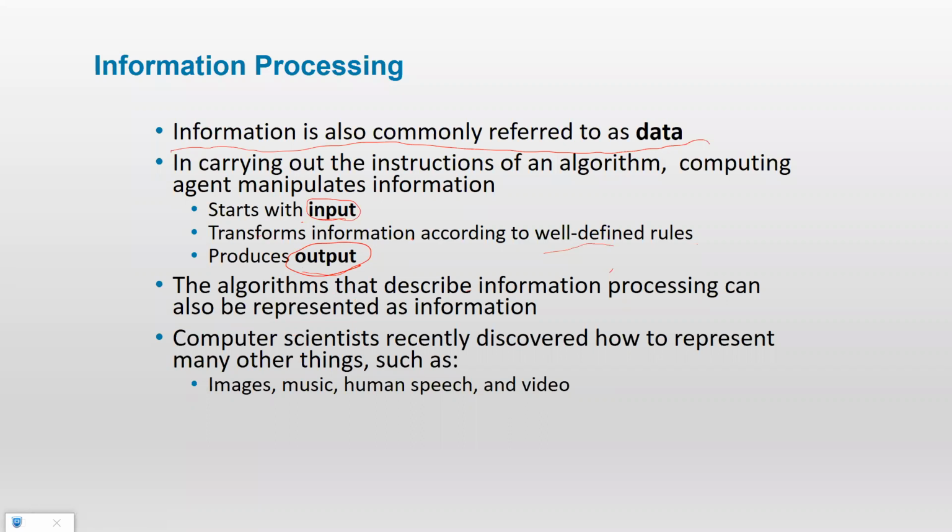Okay, the algorithms that describe information processing can also be represented as information. Computer scientists discover how to represent many other things. When we say input, we don't mean only numbers, we mean all other things as well. Your speech is input, it can also be output. Video can be input, it can also be output.